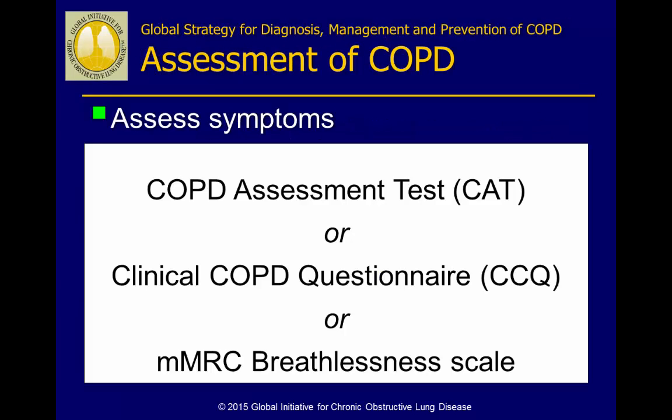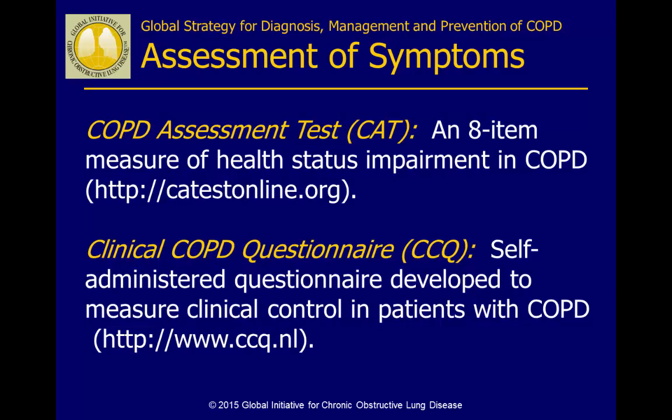You could also assess the symptoms by using some questionnaires that are present in research studies, which are called the COPD assessment test, the clinical COPD questionnaire, and also the breathlessness scale. Basically, for example, the CAT test is an 8-item measure of health status impairment.